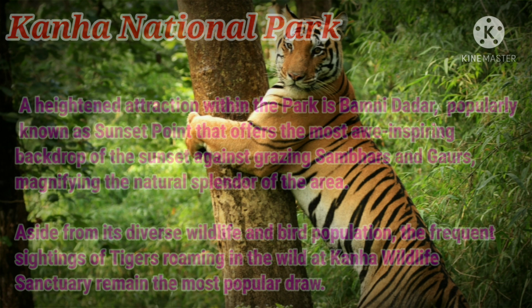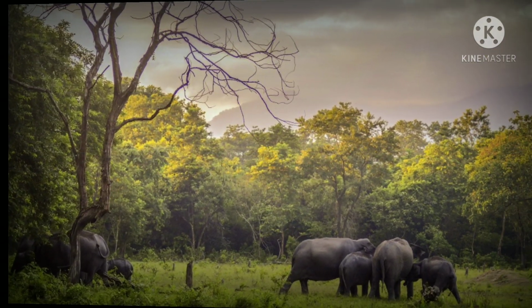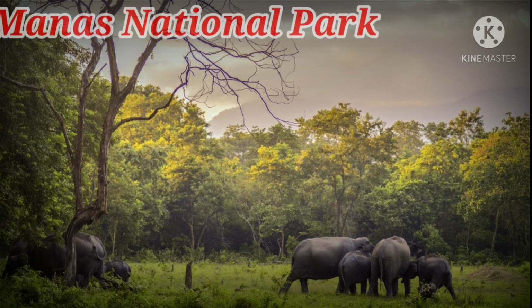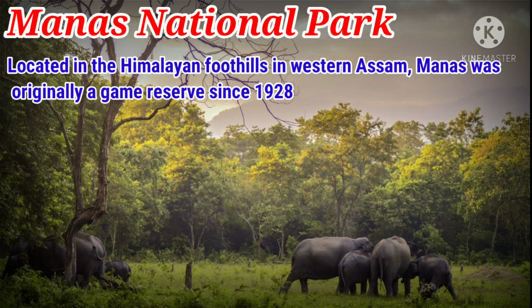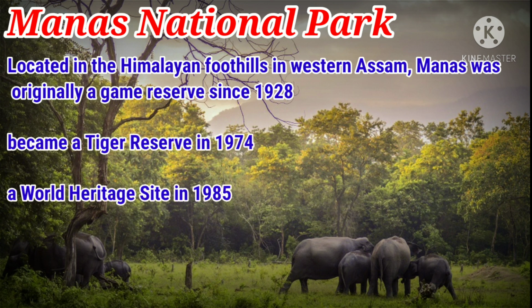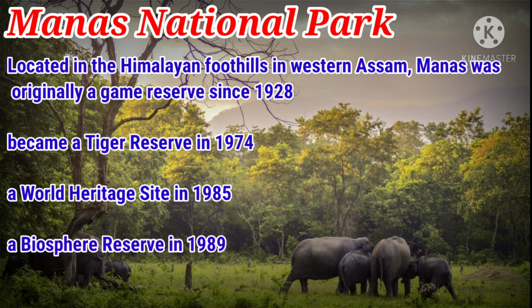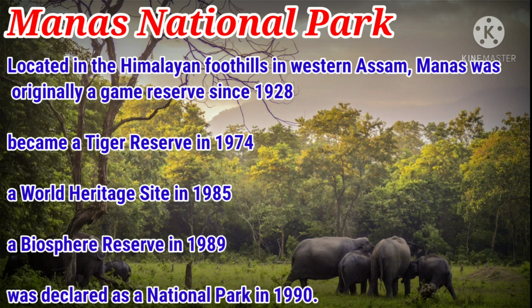So now let's learn about the fourth national park, that is Manas National Park. Located in the Himalayan foothills in western Assam, Manas was originally a game reserve since 1928 and became a tiger reserve in 1974. It became a World Heritage Site in 1985 and a Biosphere Reserve in 1989.